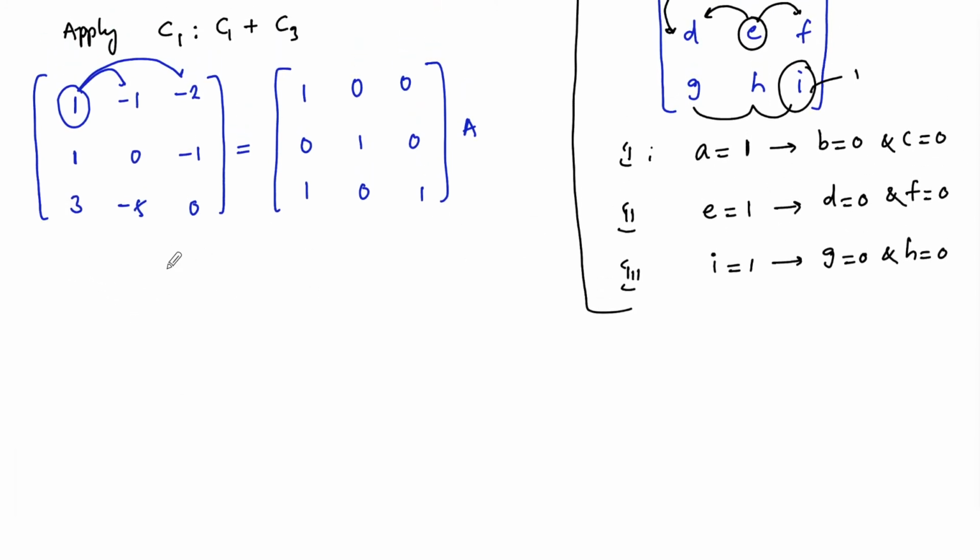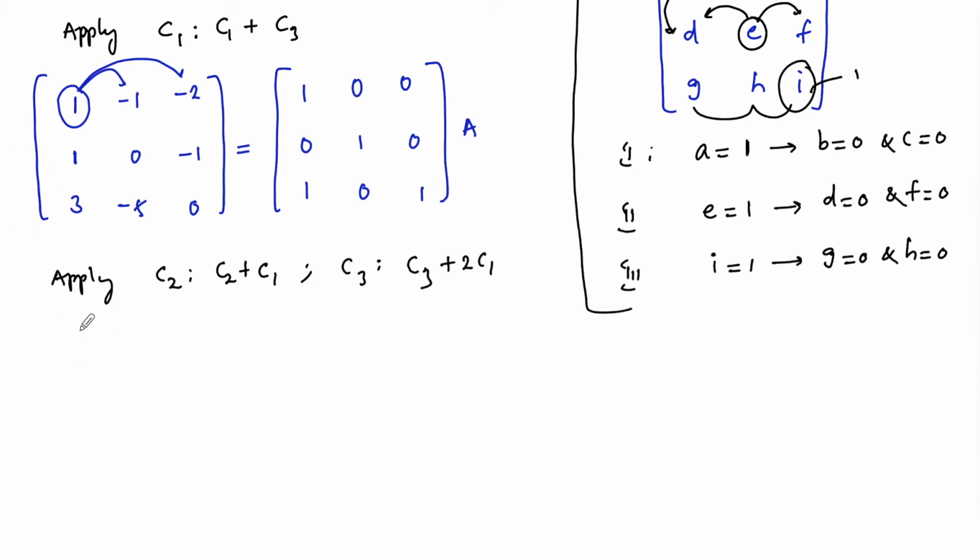So for that, let me apply column 2 plus column 1, minus 1 plus 1, it becomes 0. And for column 3, minus 2 is there, so plus 2 times of C1, minus 2 plus 2 will become 0.